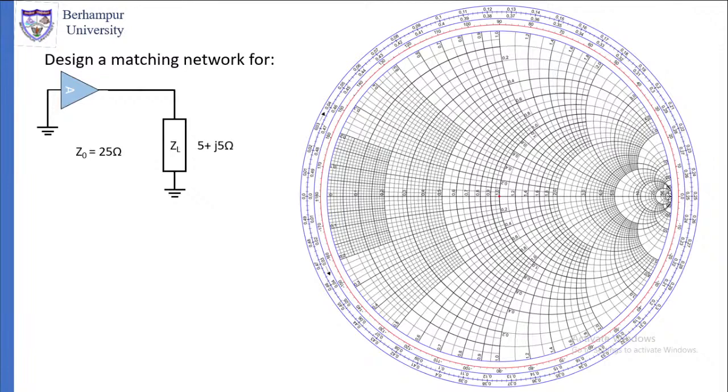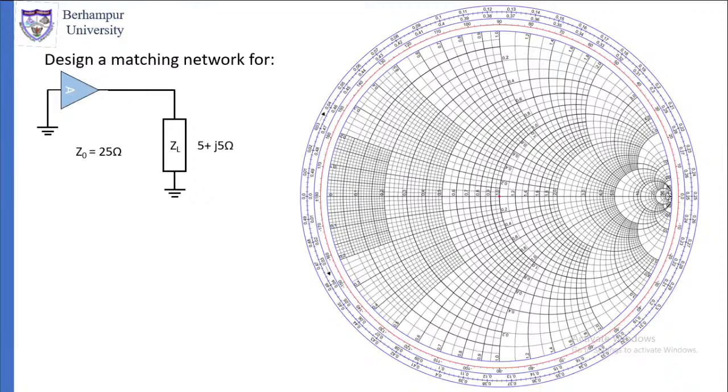This amplifier is connected to, or terminated in, a load ZL equal to 5 plus j5 ohm. So the load is 5 plus j5, and the output impedance is 25 ohm. If you look at these two impedances, they are not matched, they are not conjugate matched. Therefore, there will be a high amount of reflection.